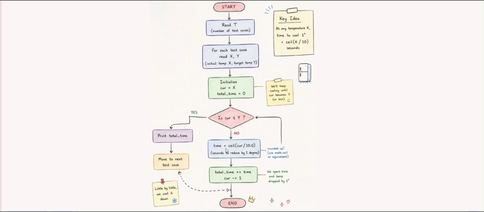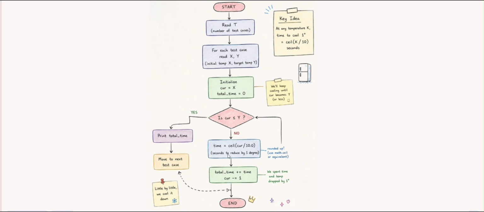For each iteration we will be calculating the time which will be required to reduce the temperature by 1 degree. As mentioned in the question, we have to take the ceil value, that is Math.ceil of current divided by 10.